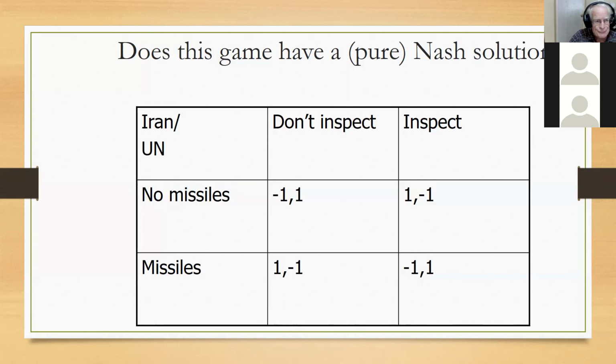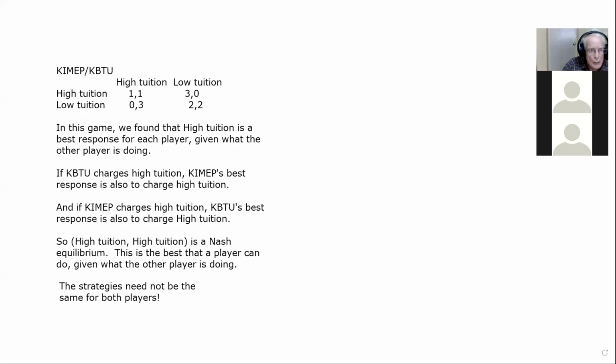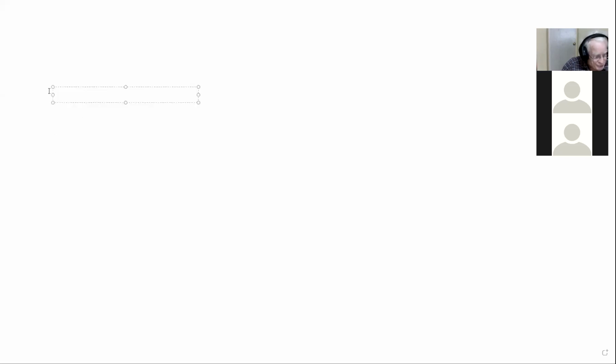So maybe this game will be easier to follow on the whiteboard. In this game, Iran is trying to decide whether to develop missiles this month or not.